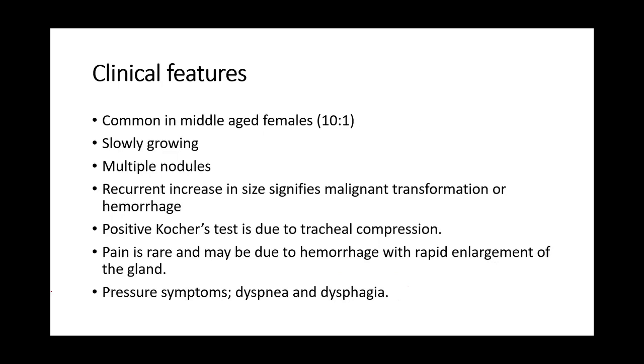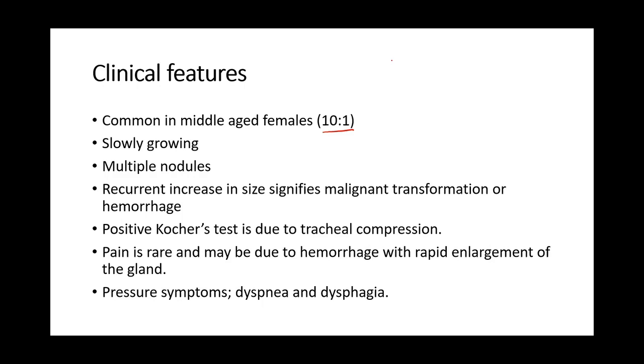What are the clinical features of multinodular goiters? Common in middle-aged females, with a female to male ratio of 10 to 1; it is 10 times commoner in females. It is slow growing, with multiple nodules.